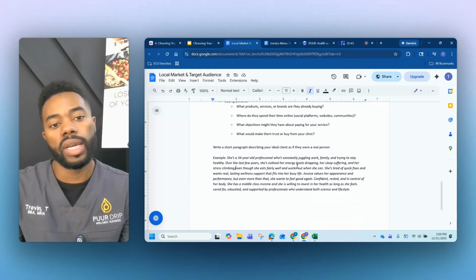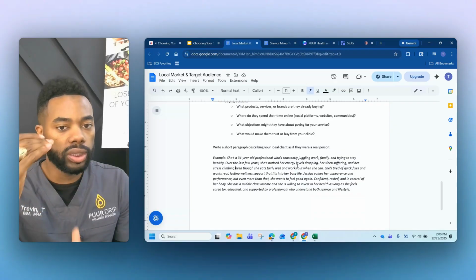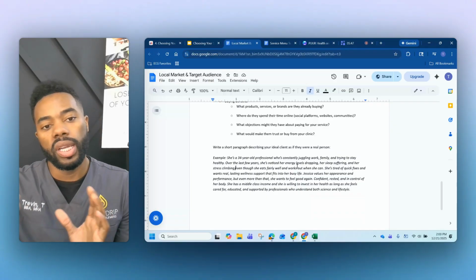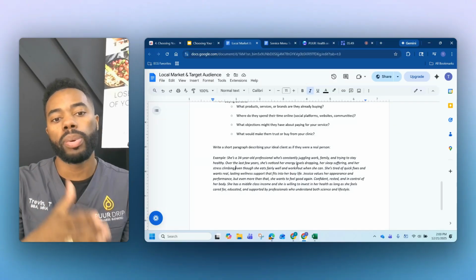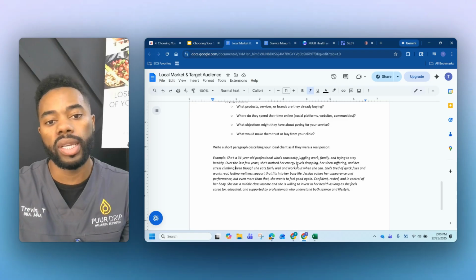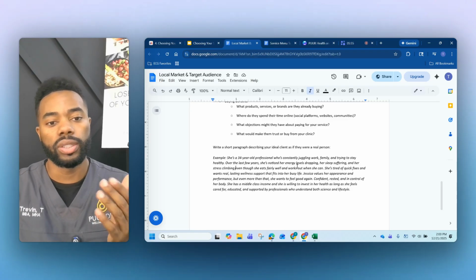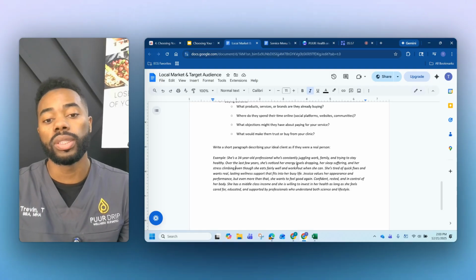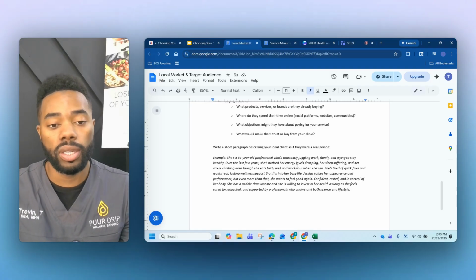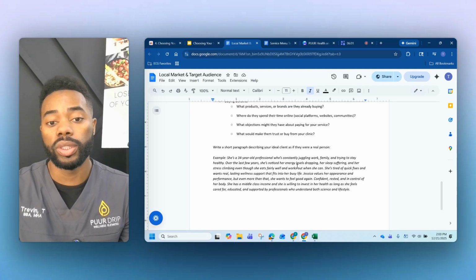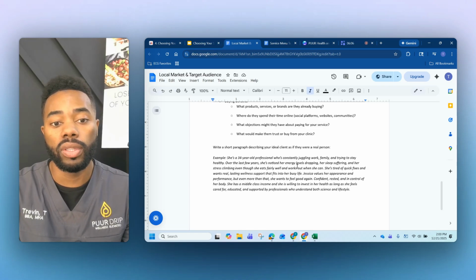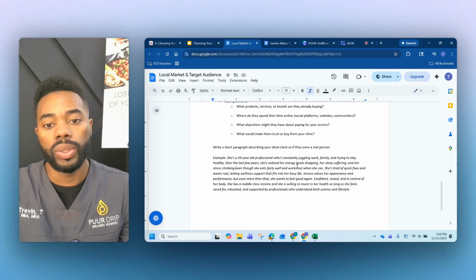And what this ultimately allows you to do is put this information in ChatGPT once you answer these questions, and tell it, write a short paragraph describing your ideal client as if they were a real person. So as you can see here, ours says she's a 34-year-old professional who's constantly juggling work, family, and trying to stay healthy. Over the last few years, she's noticed her energy levels dropping, her sleep is suffering, and her stress is climbing, even though she eats fairly well and works out when she can.